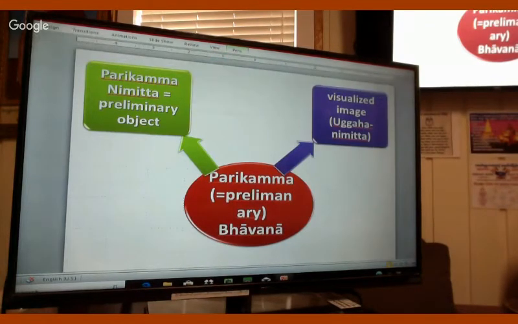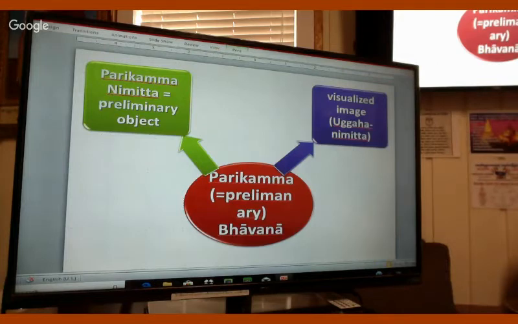Connect the bhavana, three kinds of bhavana and three kinds of object. In the previous lecture we discussed three kinds of bhavana. You remember? Three kinds of bhavana. Parikamma bhavana, the preliminary meditation.